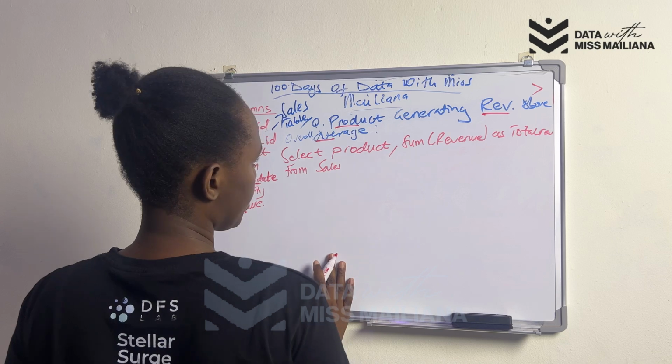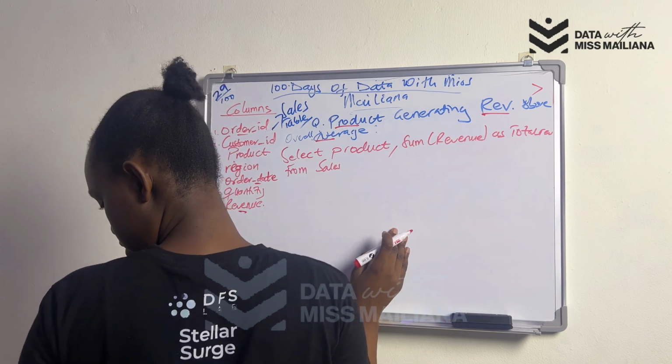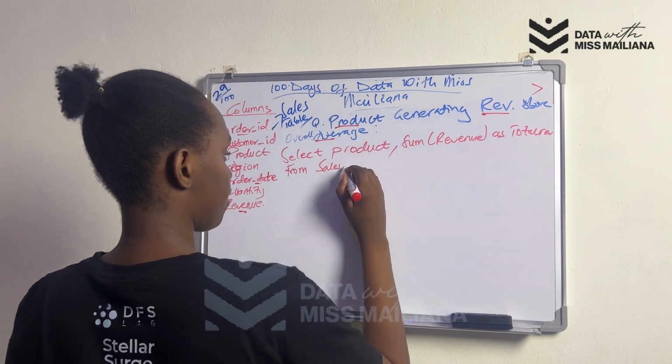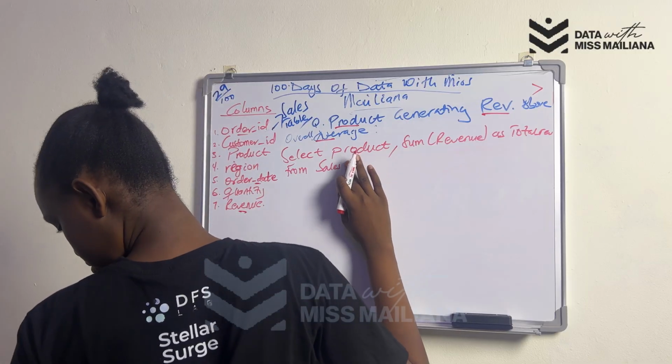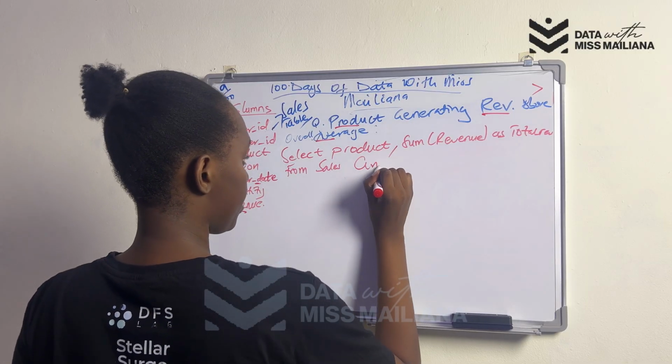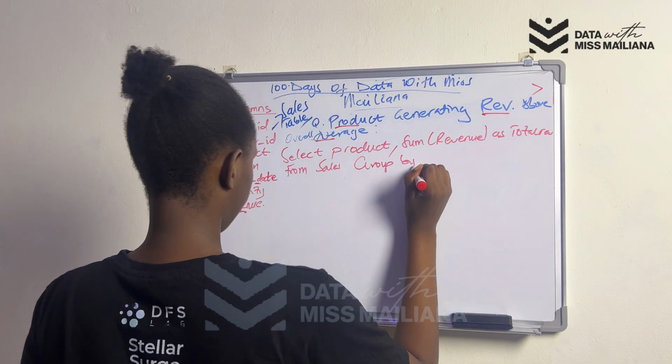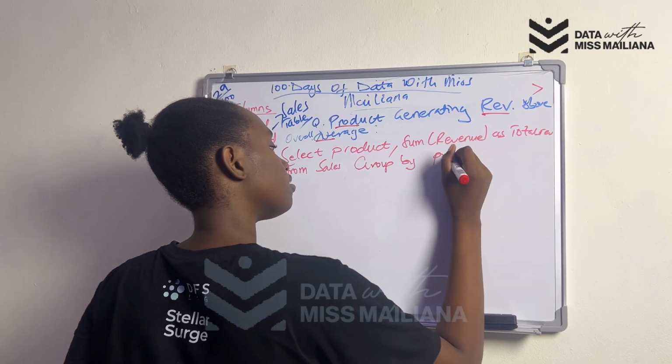That gives us the product and the sum. We are not done there. We will now group by product.